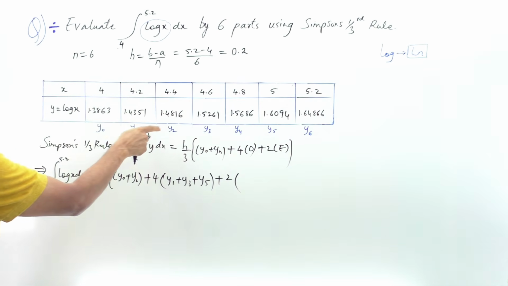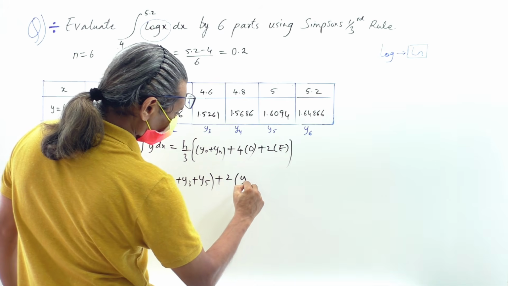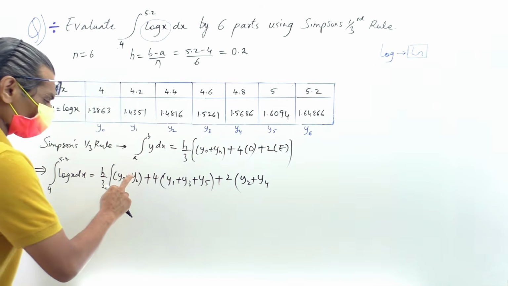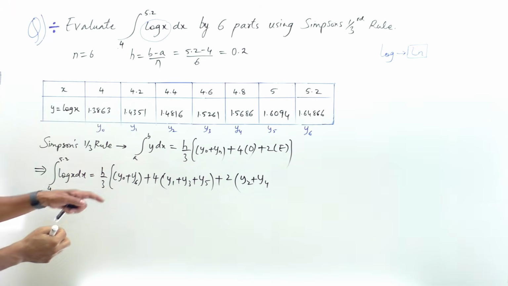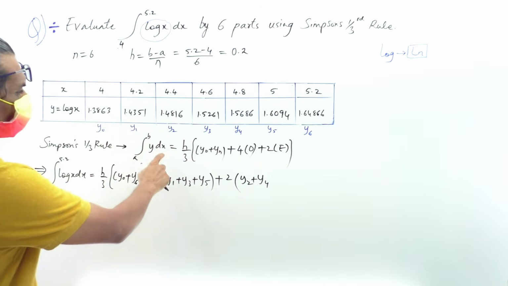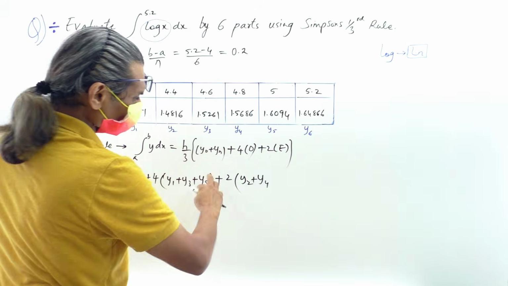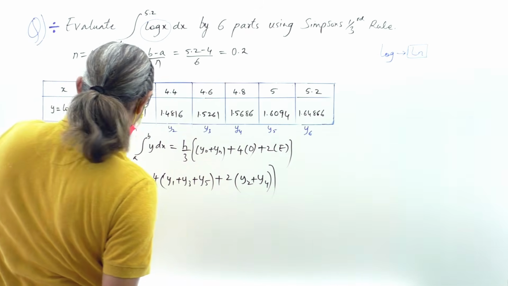What are the evens here? y2 plus y4. I have already taken y6, so don't take it again. So y0 plus last term y6, 4 into y1, y3, y5 and evens y2, y4. That's all. So this is my general formula.